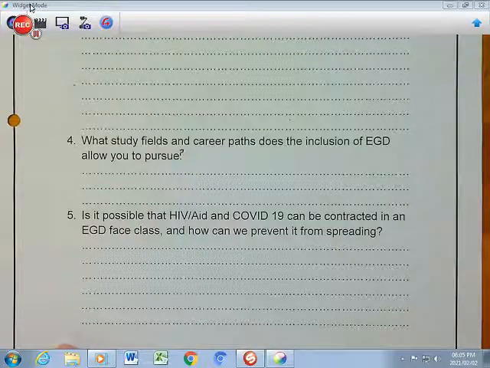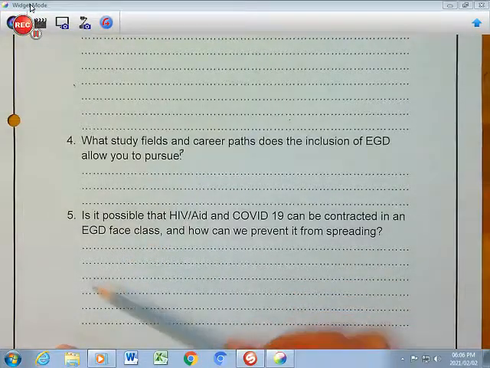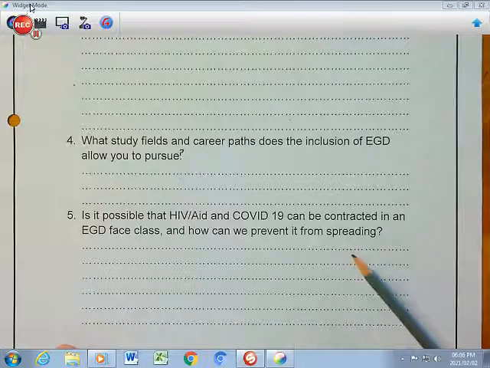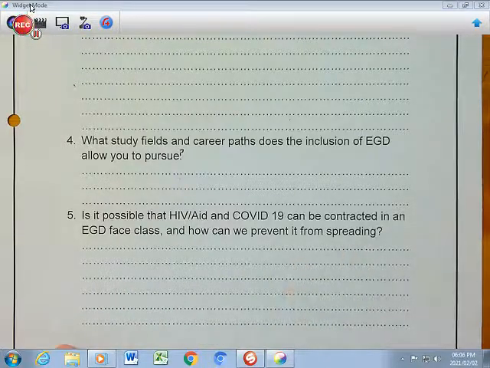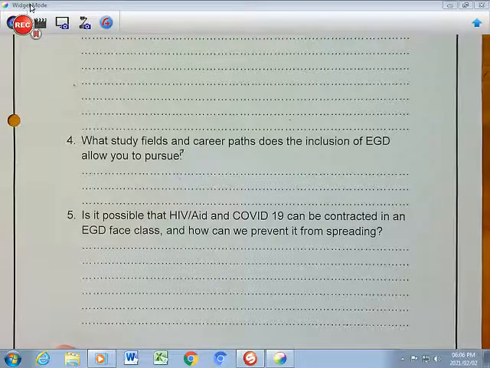And how is it that we could prevent its spread? So you can tell me perhaps just the one scenario and how you could put in preventable measures in terms of curbing both these types of diseases.